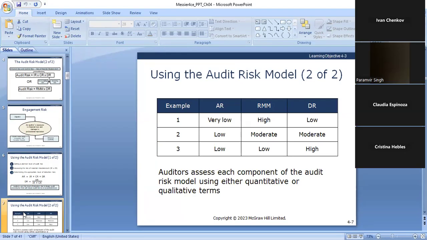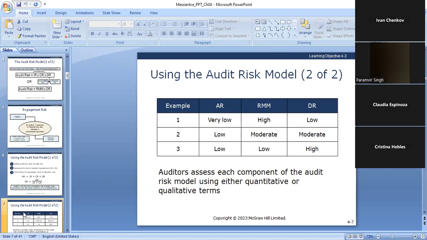Now, in the second scenario, if the audit risk is low and the inherent risk and the control risks are moderate, then we can stay at the moderate level on the detection risk.